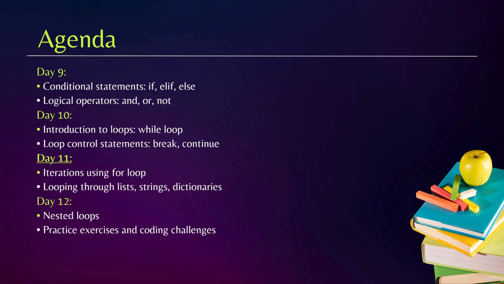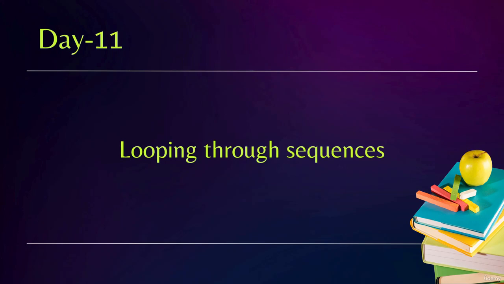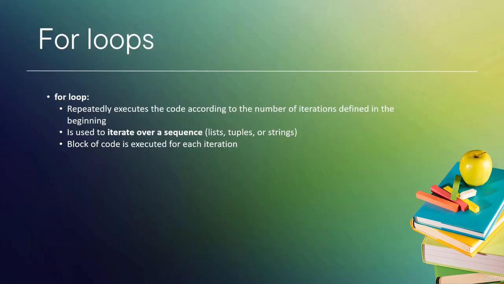Here we will look at iterations using loops over different sequential data structures, that is lists, strings and dictionaries. So let's begin. For loops, just a recap of what we learned in the previous lecture. It repeatedly executes the code.